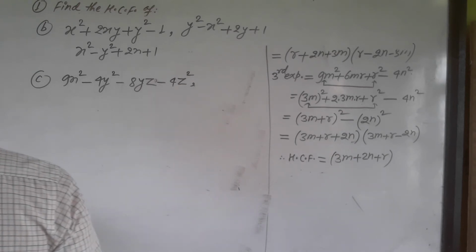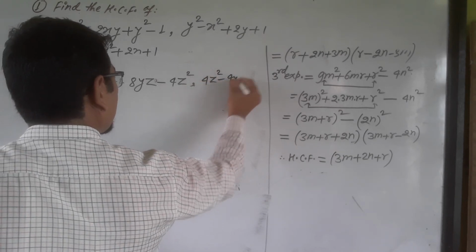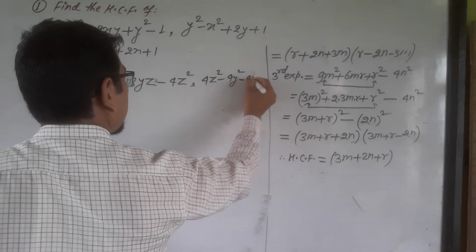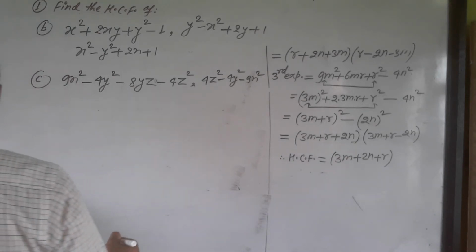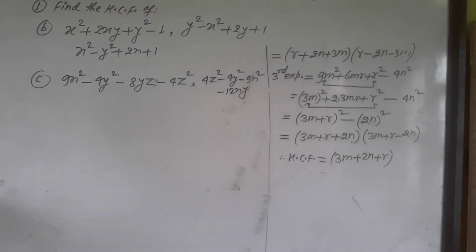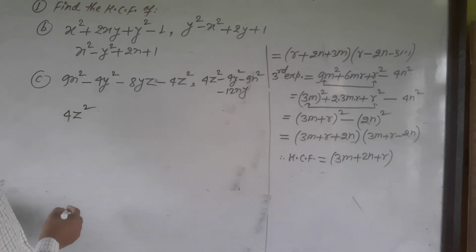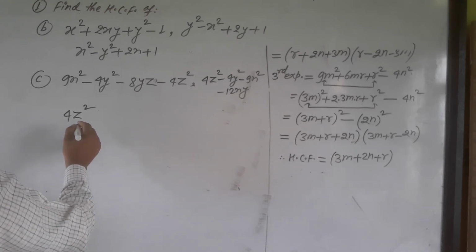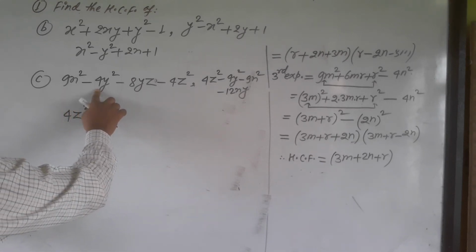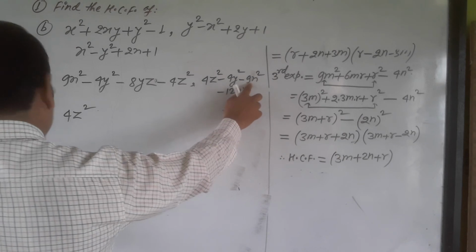The next expression is 4z square minus 4y square minus 9x square minus 12xy.